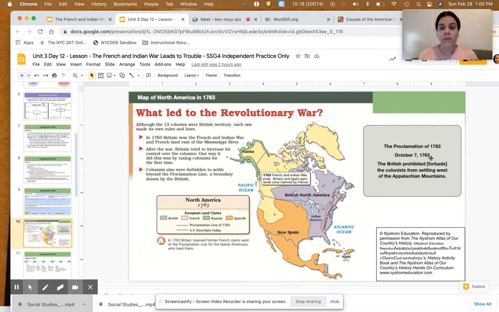Remember that the Proclamation of 1763 had this red line drawn and says colonists were forbidden to settle beyond the proclamation line, a boundary drawn by the British. Right? So remember, colonists could not move past this line for any reason.